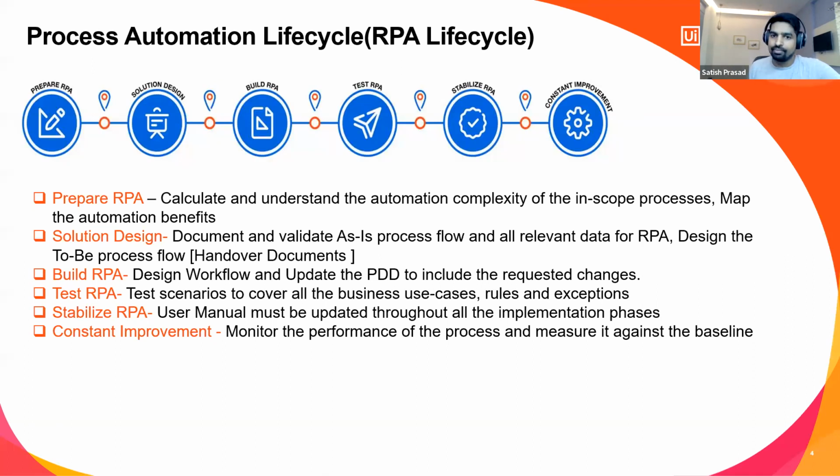You start building the bot, you create the workflow, and you also update the PDD if there are some changes or some questions. A lot of things happen there. The concept remains the same: you have to build the workflow, and the workflow has to follow the guidelines set up by your RPA governance model or RPA COE, right?